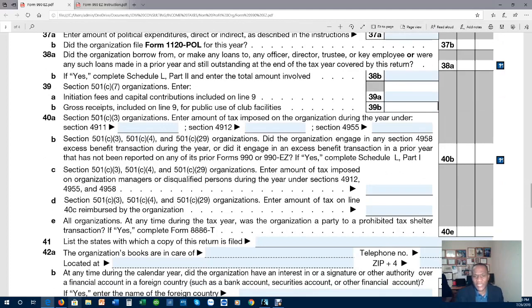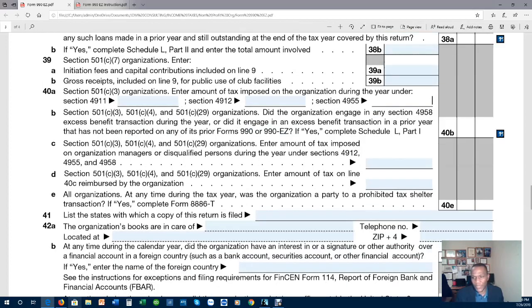And then section 501(c)(3) organization, like a church, enter the amount of tax imposed on the organization during the year, if you are imposed any taxes. For 501(c)(3) organizations, under section 4911, enter the amount here. Under section 4912, enter the amount here. Section 4955, enter the amount here. And so forth, and you can see all these.